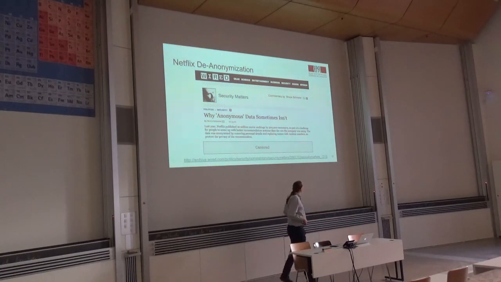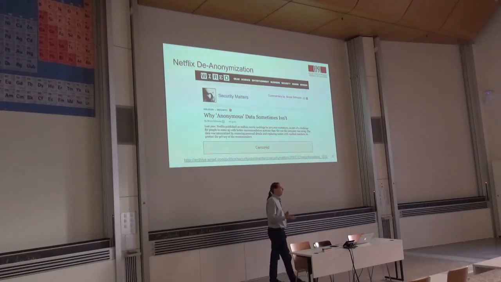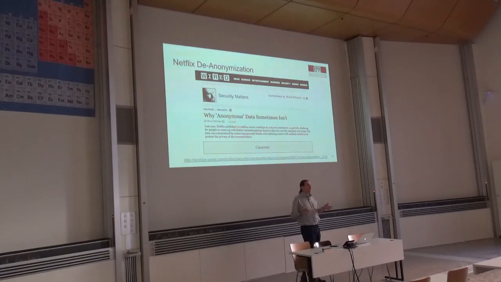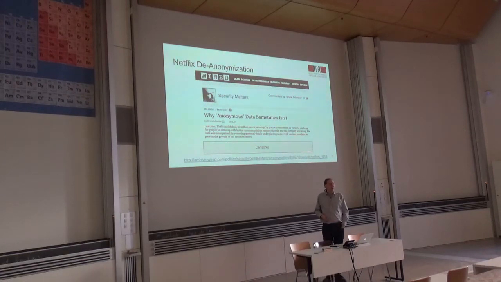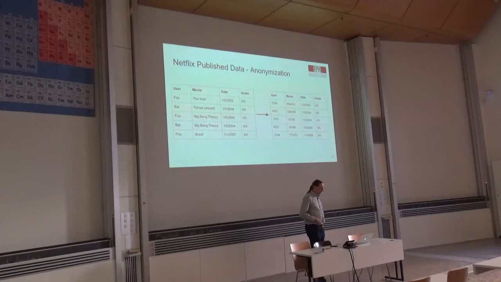They were trying to get researchers to come up with better recommendation algorithms, to use your machine learning skills to come up with a better recommendation system for Netflix. So it was good for them. Data is always good for researchers, but it wasn't really anonymous or didn't stay anonymized. And so let's look at why that is for a minute.